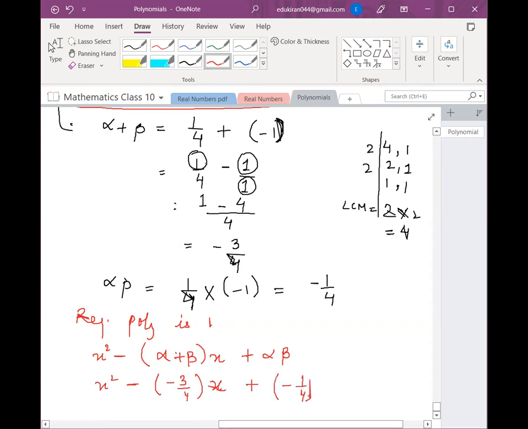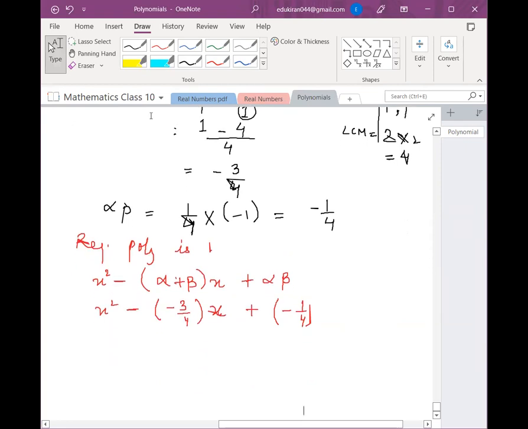Now in the next step, you will open your bracket. So this is equal to x square, and minus minus will become plus because they are multiplying. So plus 3 upon 4x, and here plus into minus is minus, so minus 1 upon 4. So this is the required polynomial. Clear?